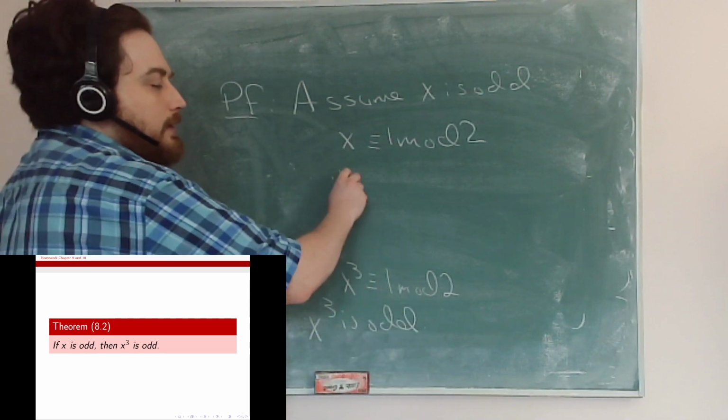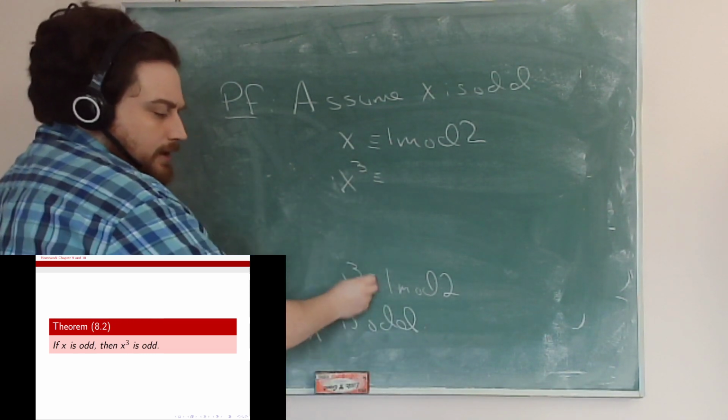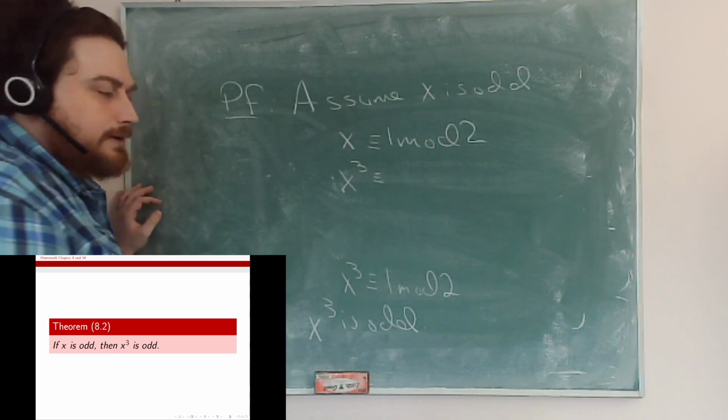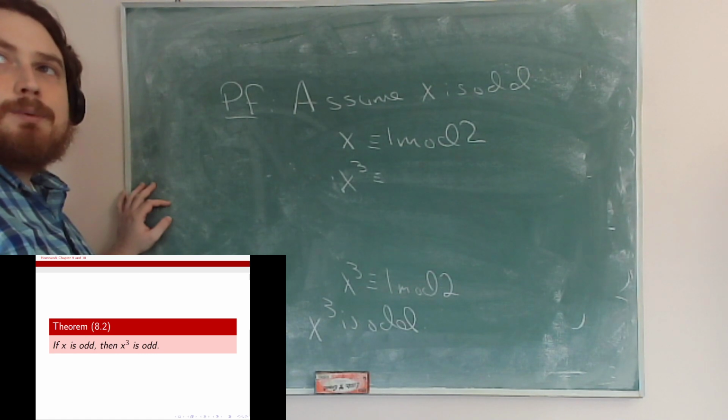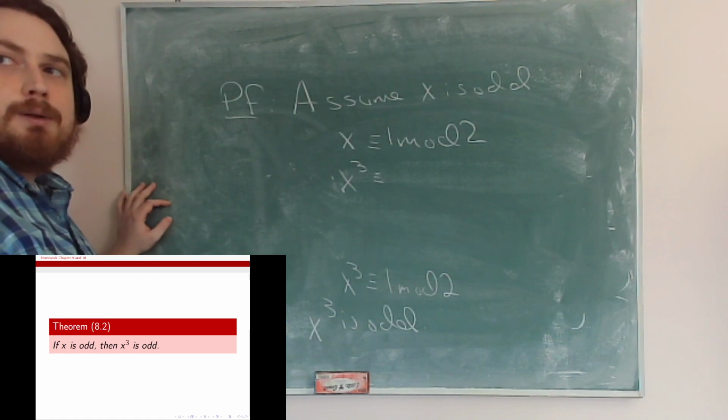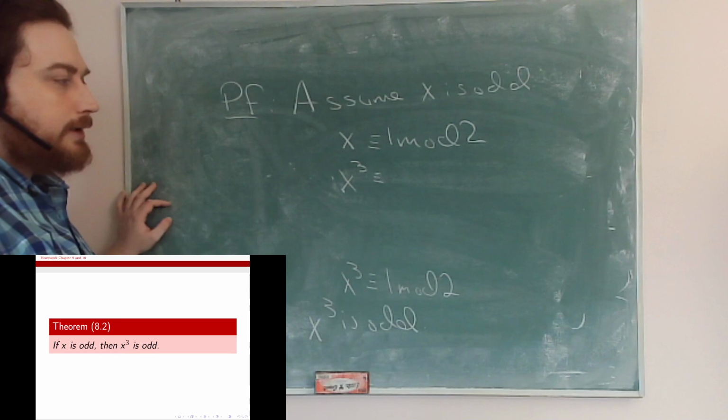The point here is to start on the left-hand side and end up on the right-hand side. What I want to remember from last time was that modular arithmetic respects addition and multiplication.